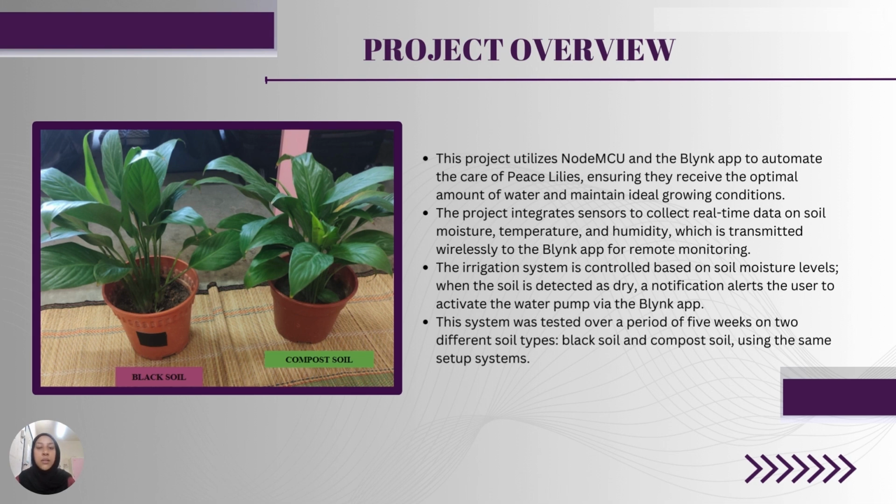The project integrates sensors to collect real-time data on soil moisture, temperature, and humidity, which is transmitted wirelessly to the Blynk application for remote monitoring. The irrigation system is controlled based on the soil moisture level, where when the soil is detected as dry, a notification alerts the user to activate the water pump via the Blynk application.